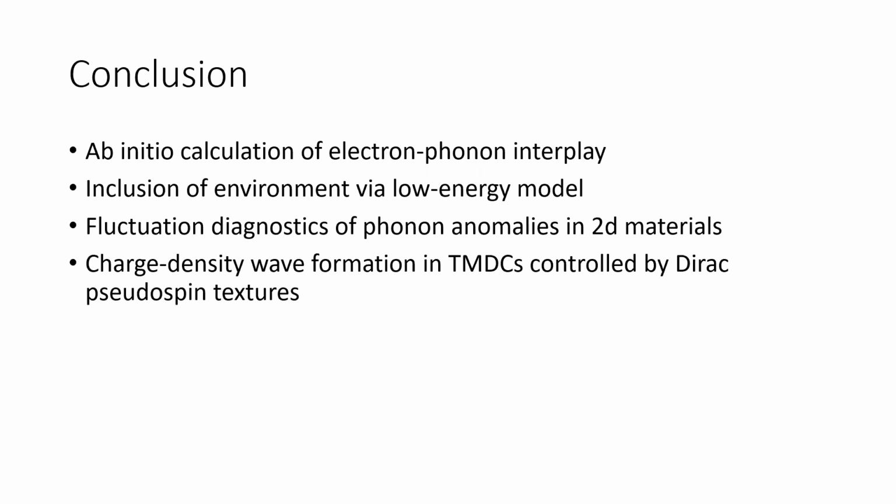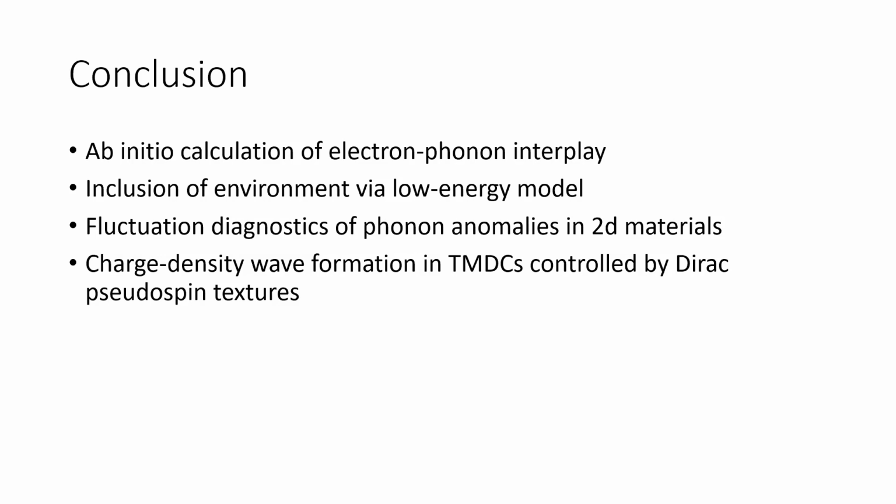And in this particular example, we found that the way to think about this material is as having Dirac pseudospin textures. And this is something that, if you're smart enough, you might be able to guess from the start, looking at the band structure, that this is going to be relevant, but it's not so easy to find what electron-phonon coupling would be like in that case, and if this is really an appropriate model.